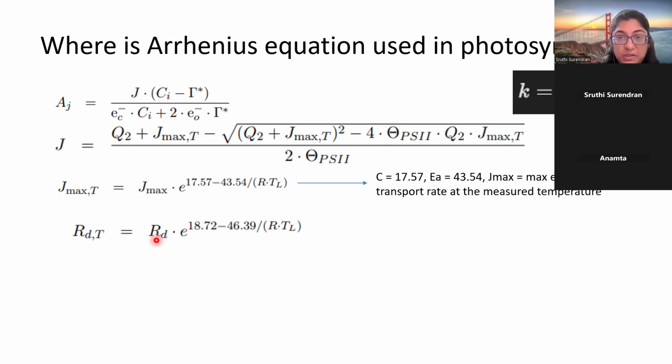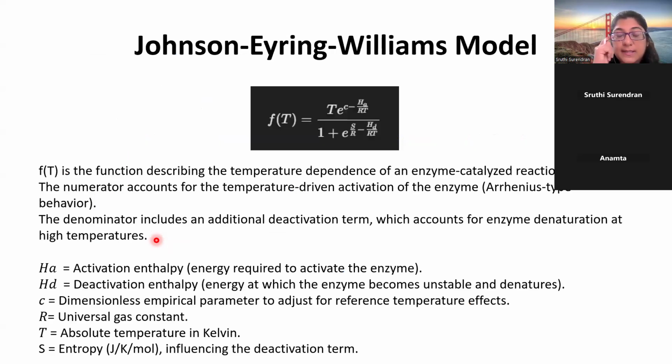using the Arrhenius equation. Now, similar to the Arrhenius equation, there is also another equation that is used called the Johnson-Eyring-Williams model. In here, whatever parameter we have is expressed as a function of temperature. So this can be any function.